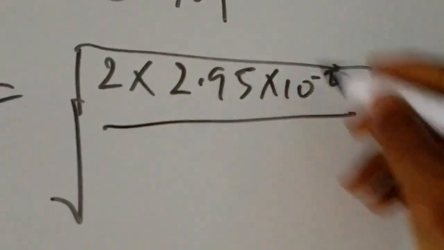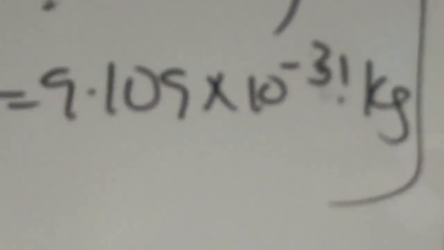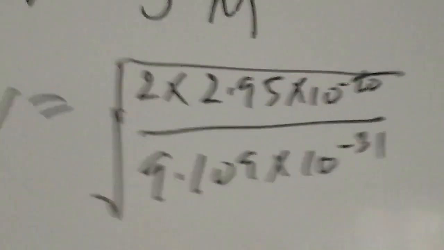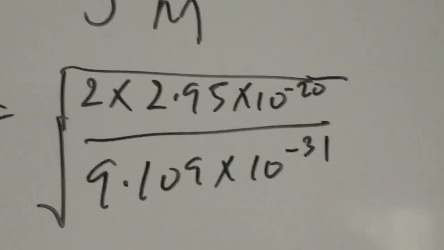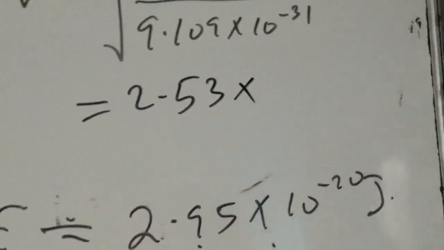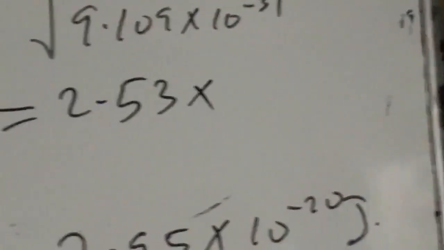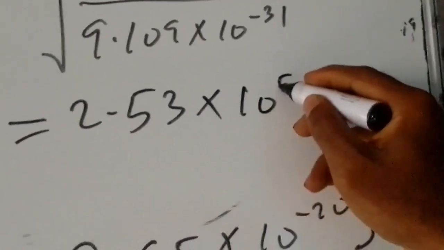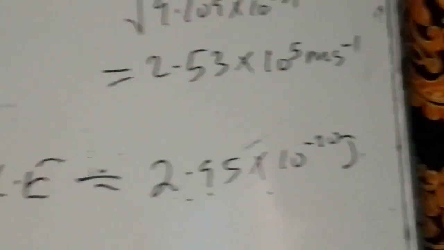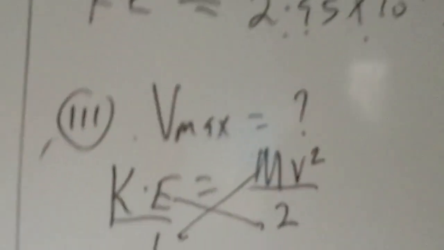The mass of the electron is given to us in brackets, that's me, 9.109 times 10 to the power minus 31. So when we solve and evaluate that, the velocity of the electron is 2.53 times 10 to the power 5 meters per second. So that's the velocity of the electron. We go through our work before we go to the last question of today.